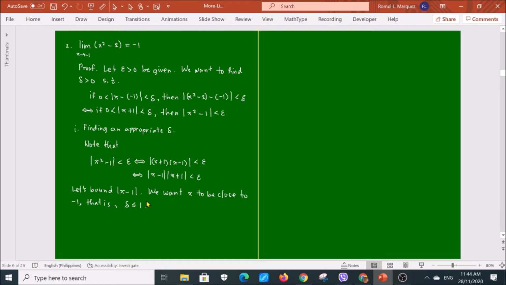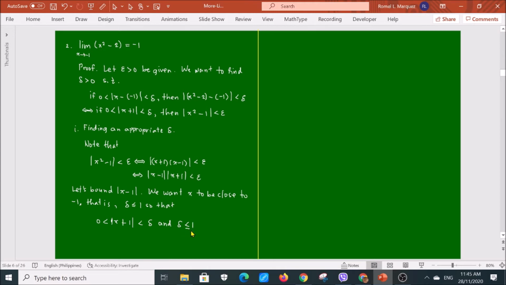Okay? So that the absolute value of x plus 1 is less than epsilon, and delta is within or at most 1.